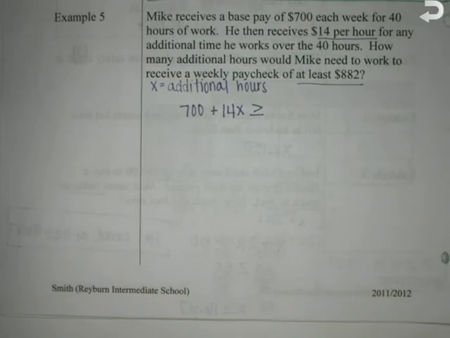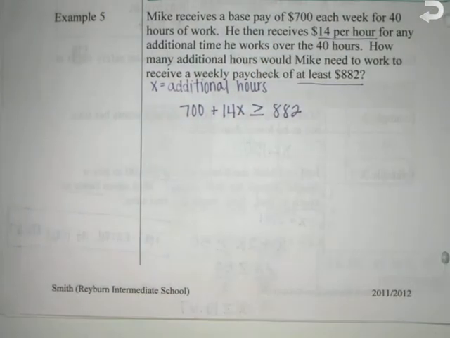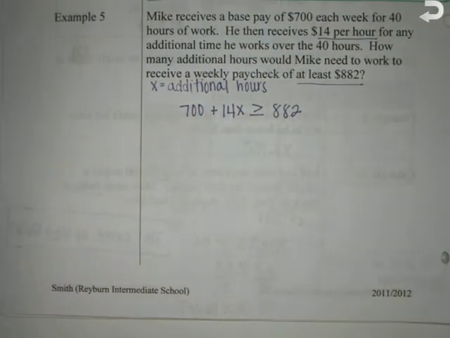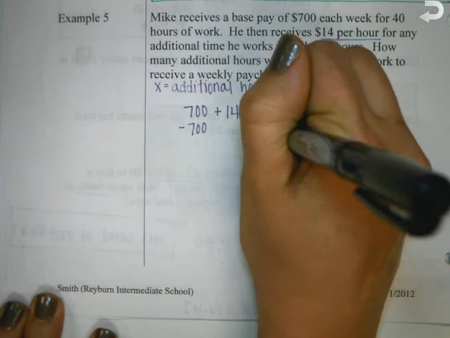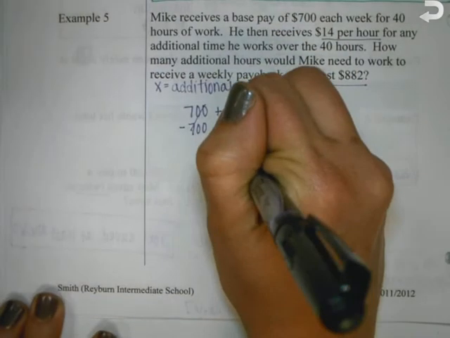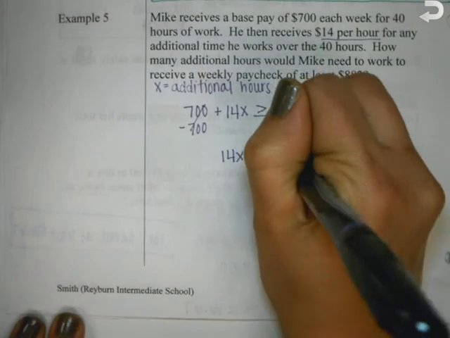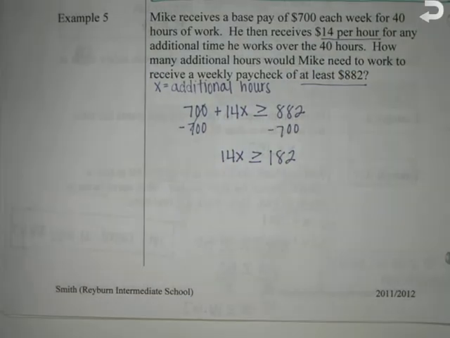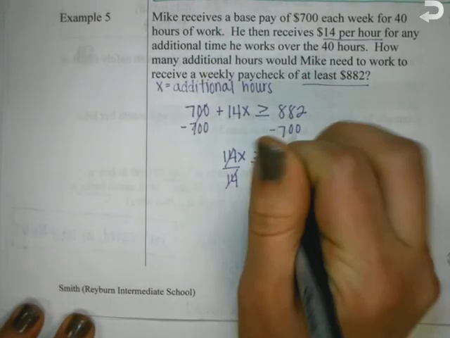This is a two-step equation. What do I do next? So that's going to give me 14x greater than or equal to 182. Divide both sides by 14. So x is greater than or equal to what? 13.